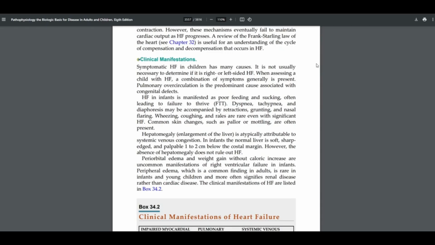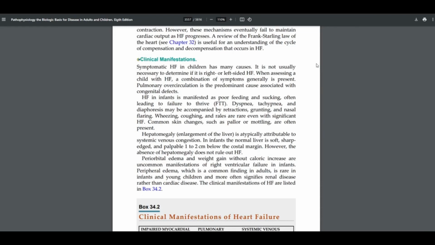Heart failure in infants is manifested as poor feeding and sucking, often leading to failure to thrive. Dyspnea, tachypnea, and diaphoresis may be accompanied by retractions, grunting, and nasal flaring. Wheezing, coughing, and cyanosis are rare, even with significant heart failure. Common skin changes, such as pallor or mottling, are often present.